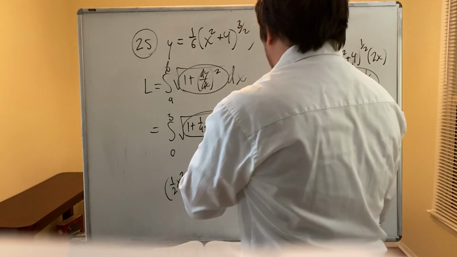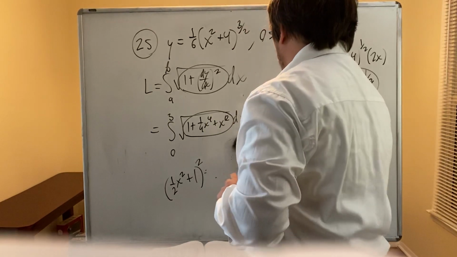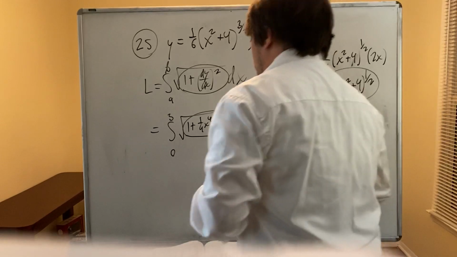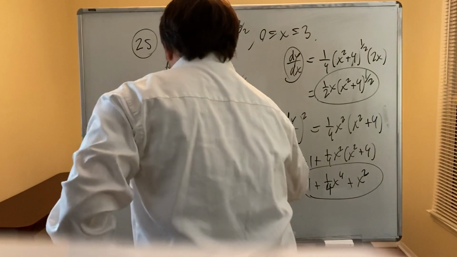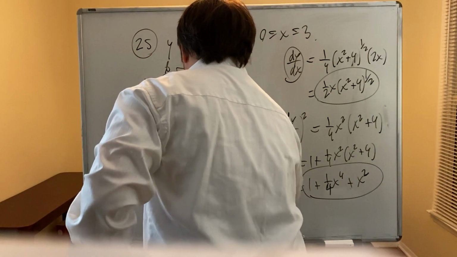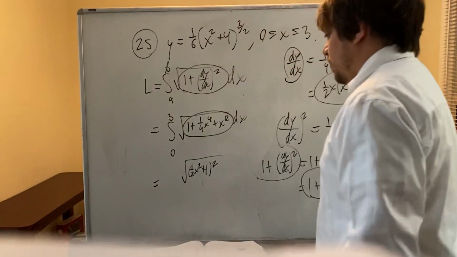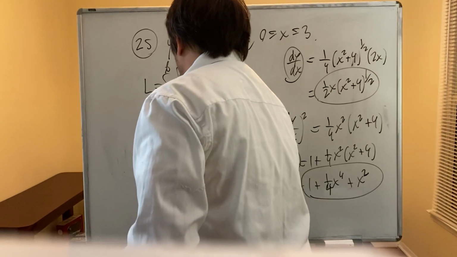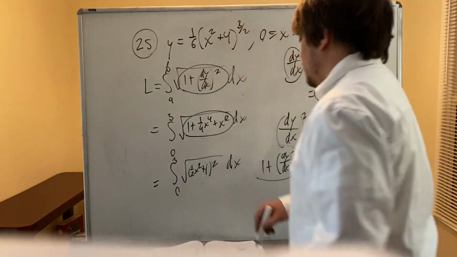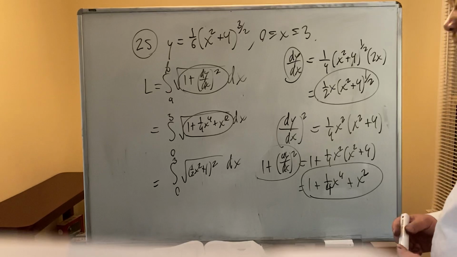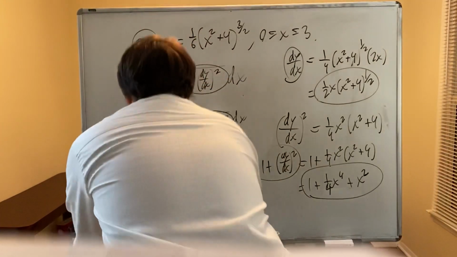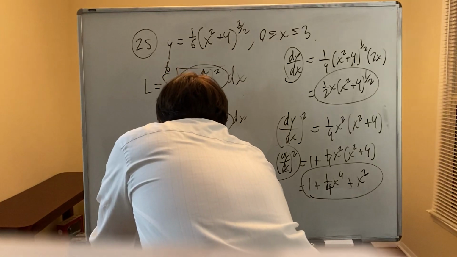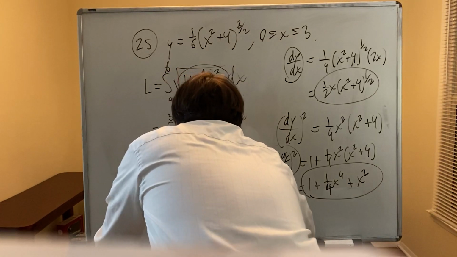Okay, so this is now equal to the integral from 0 to 3 of the square root of (1/2 x squared plus 1) in parentheses squared, dx. Well, you take the square root of something squared and you get back what you started. So this is the integral from 0 to 3 of 1/2 x squared plus 1 dx.